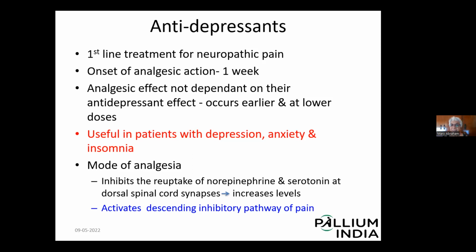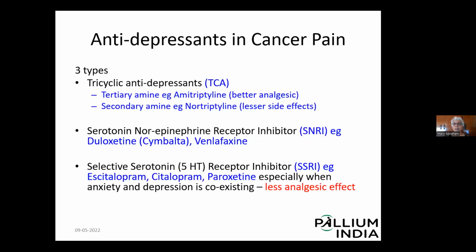How do they act? They again act by activating the descending inhibitory pathway of pain by preventing the reuptake of norepinephrine and serotonin. Now, 3 types of antidepressants are used in cancer pain. First is the tricyclic antidepressants, which are tertiary amines like amitriptyline or secondary amines like nortriptyline.